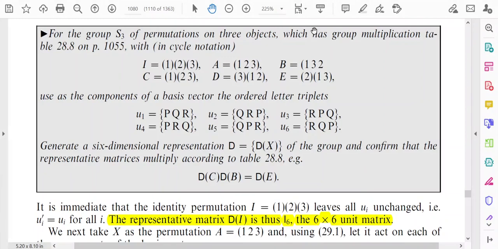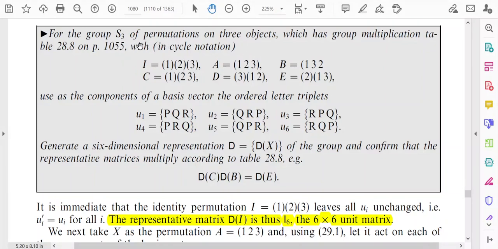To understand this particular example, I request the viewers to go through the textbook by Riley, Hobson and Bence, or you can also listen to the lecture delivered earlier by me about the permutation group, because knowledge of the permutation group is necessary for this particular example.